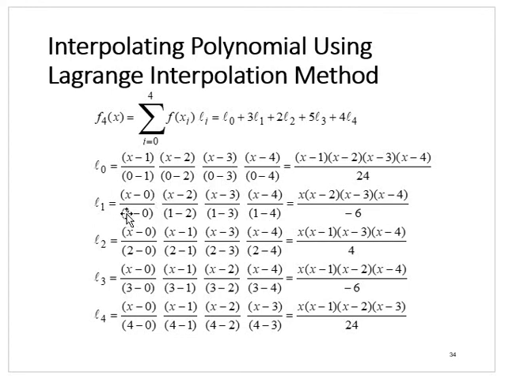Your 1 will come in place of x in the denominator, which is x1, and so on. Make sure you master how you do this. So this is how we perform a Lagrange interpolation and find the respective polynomial.